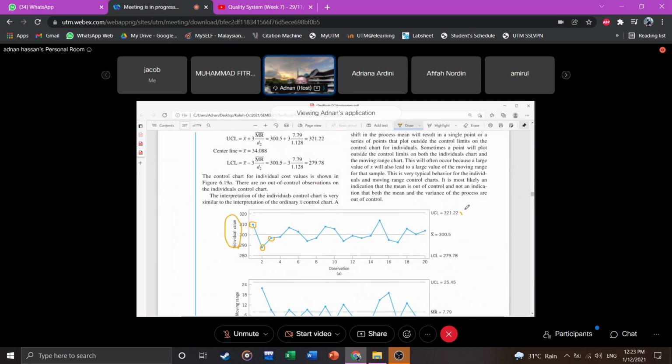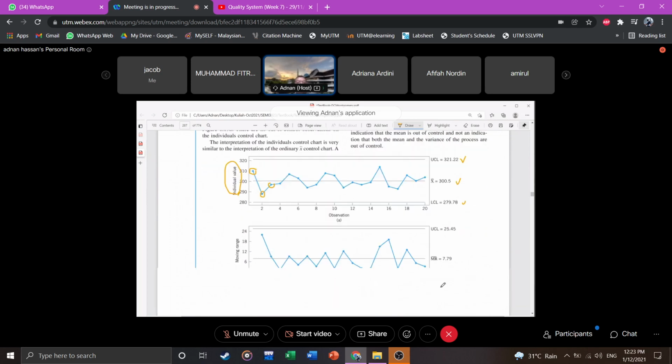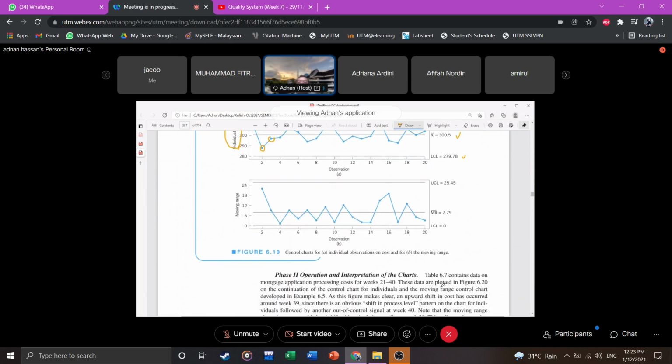Okay, this is what we get from our calculation, the average, and this is the lower control limit. Okay, for the moving range, we have this MR.